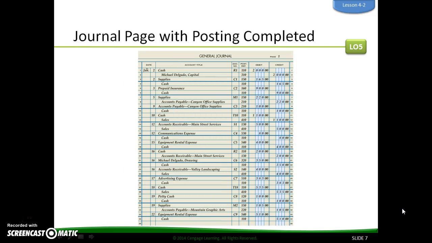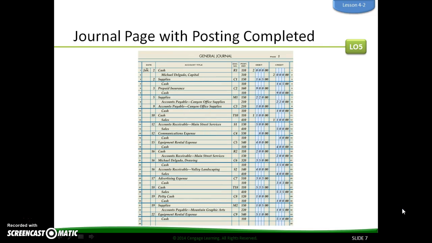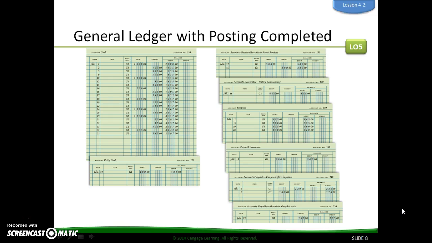Now, what you're seeing here, and if you look in your book, this is on pages 102, 103, 104, and 105, we're looking at a journal page that has the posting completed. So you can see we've taken all of the transactions from this journal page and posted them to all of the separate general ledger accounts.